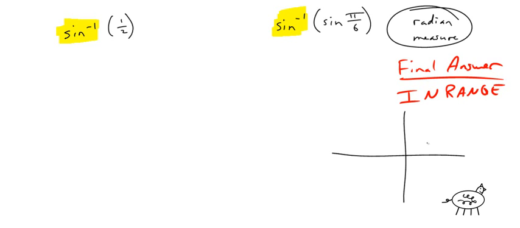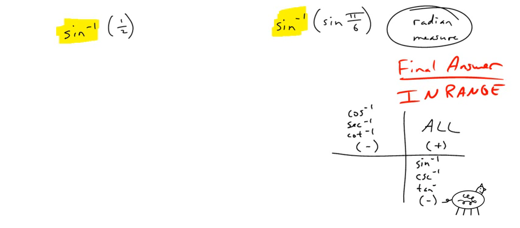So I'm going to draw this one more time, this chart. You guys have to memorize this. So they're all in the first quadrant. They're all positive. Negative is inverse cosine, inverse secant, and inverse cotangent. Right? Remember, cosine rules there. And then, of course, it's negative for inverse sine, inverse cosecant, and inverse tangent. Because tangent rules there.